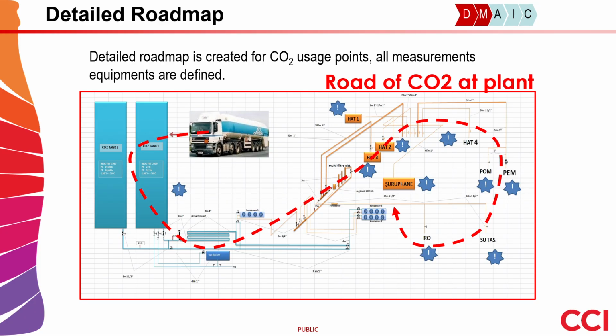We have two CO2 tanks, then its valves, then the filters, the condensers, then it goes to the different production tanks and then different production lines, where it is consumed through different headers. So this is the roadmap of CO2 or carbon dioxide consumption at any plant.